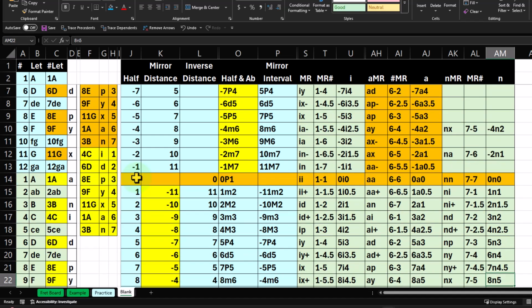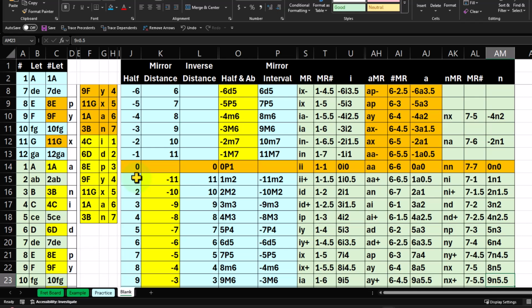So you'd have 5 modal half steps forward, which would be here. So that would be a 5. Wait a second, that's not there. It'd be an 8 note away Locrian 5th modal half step, which would be the NX modal range, or the NX modal range could be a -4 in -2nd modal half step backwards.